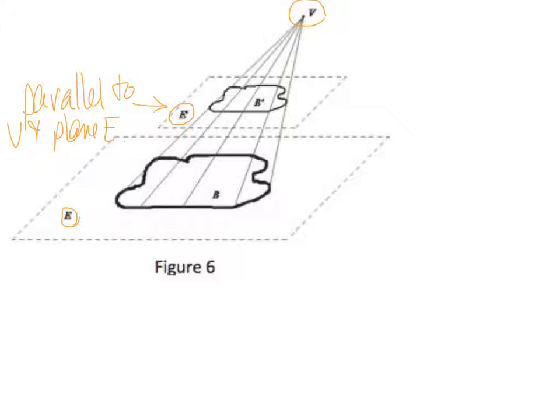The intersection of the general cone with E prime gives us a cross section B prime, and we learned in the last lesson that cross sections are parallel to your base.